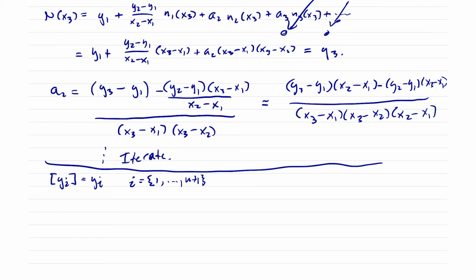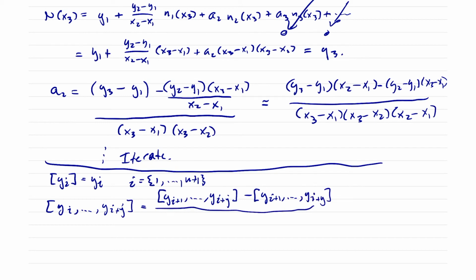And we define successive operations, so we define y sub i up to y sub i plus j as y of i plus 1 up to y of i plus j minus y sub i up to y sub i plus j minus 1, and divide by x of i plus j minus x of i. So this is the recursive definition.